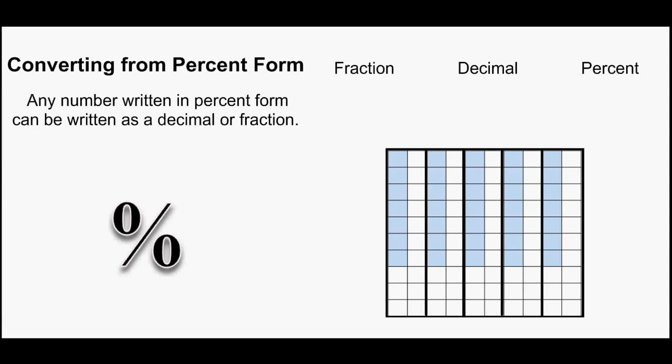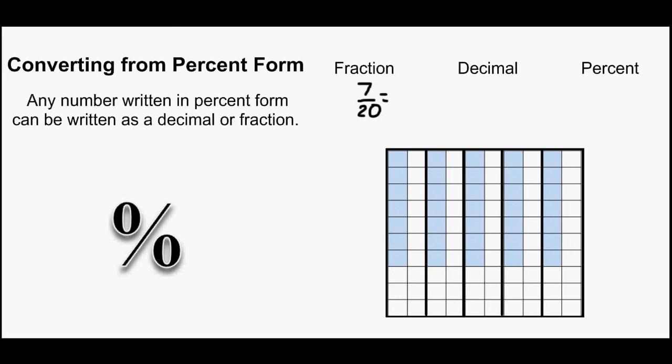Now, let's take the fraction 7/20ths, represented below, as every 20 squares has 7 shaded squares, and we will convert this directly to percent.